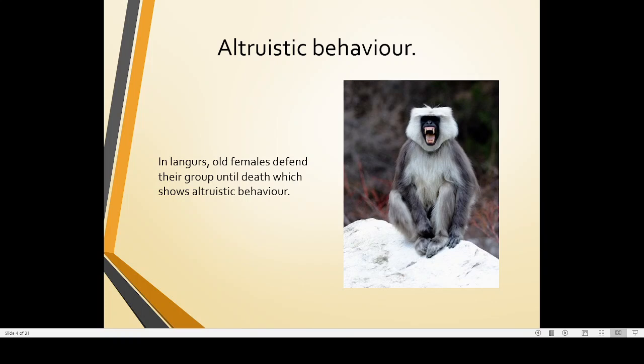Their only purpose is to serve and protect their colony or their group. That kind of behavior, in which an older male or female is fighting with a predator and trying to protect the colony from the attack, is known by the name altruistic behavior.